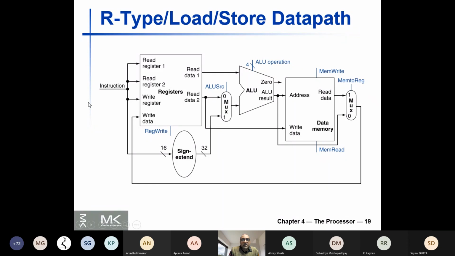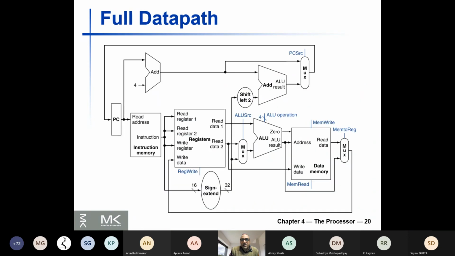The outcome of the ALU is brought back to the register file for writing. So all these components can be used for both R type and load and store data paths. This is the combined data path which can execute both R type instructions as well as load and store instructions.